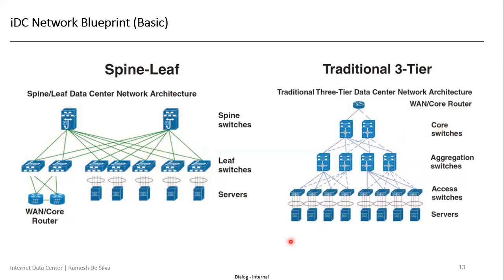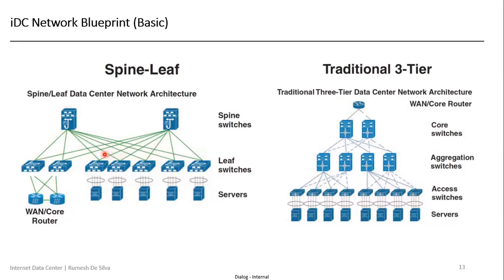However, in a traditional three-tier data center, if this server wants to communicate with that server, it has to pass layer 2 traffic into the VLAN from this access switch, then this aggregation switch, and it has to go to the core switch as well. Only after going to the core switch does that traffic come back along this path. The lengthy path, the longest path, with many collisions here and there.